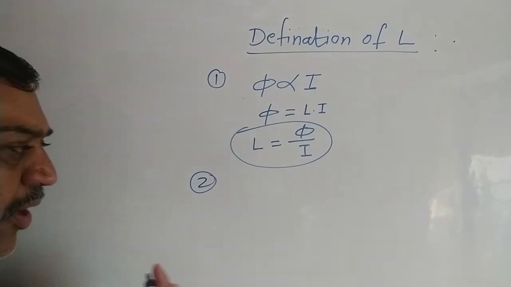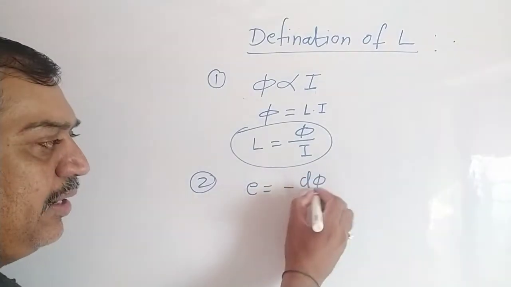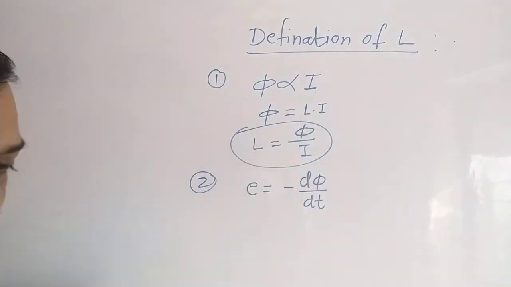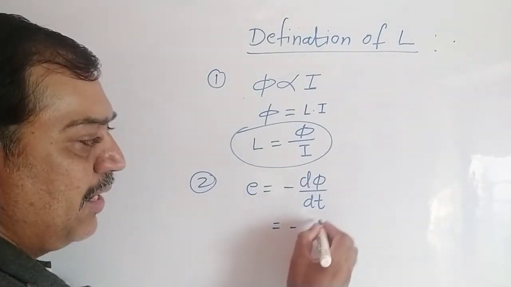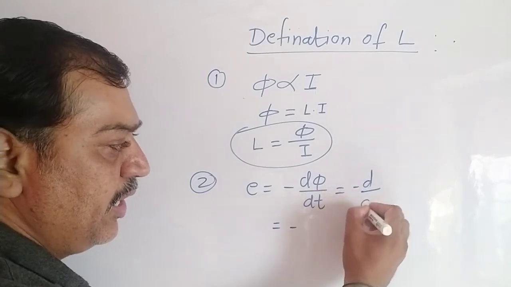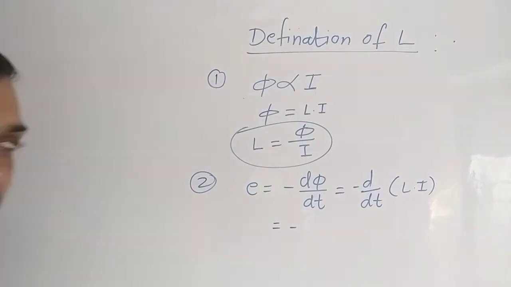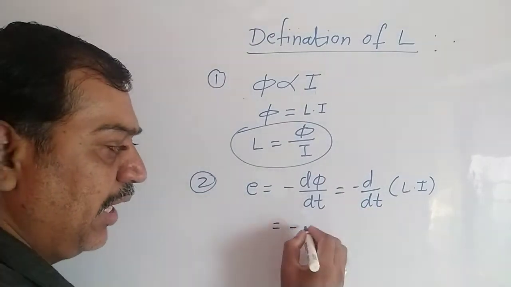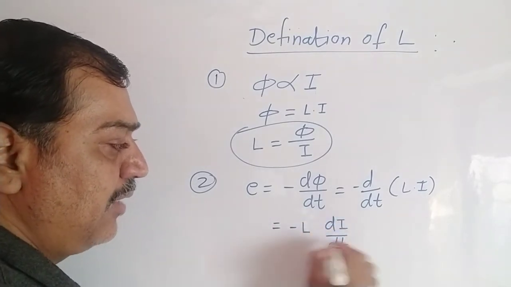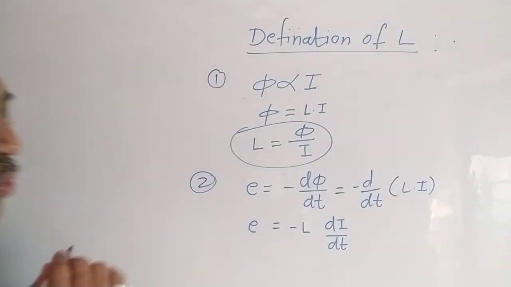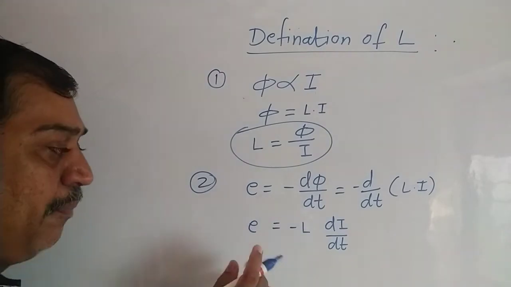As we have derived according to Faraday's law, we can write E equal to minus d phi by dt. If we put the value of phi as L into I, we can write minus d by dt of L into I. L is constant, so take it outside: minus L into di by dt, and that is E. We derived this formula from Faraday's and Lenz's law.